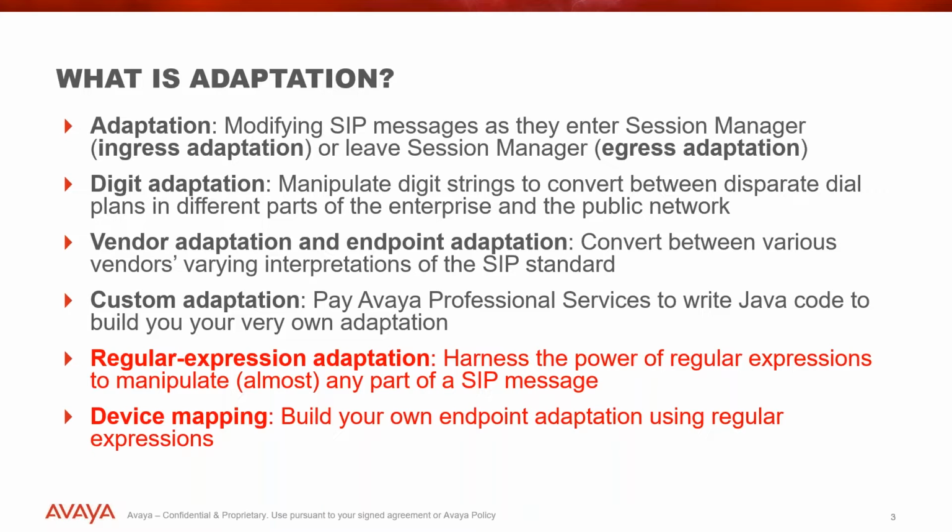But when you're dealing with SIP, there are all sorts of different SIP headers that you might want to modify to create different effects. So we've expanded beyond just digit adaptation, and that's what regular expression adaptation is all about. You can use regular expressions to manipulate pretty much any part of a SIP message. There's a handful of pieces which are not allowed to change, but beyond those, anything's fair game.